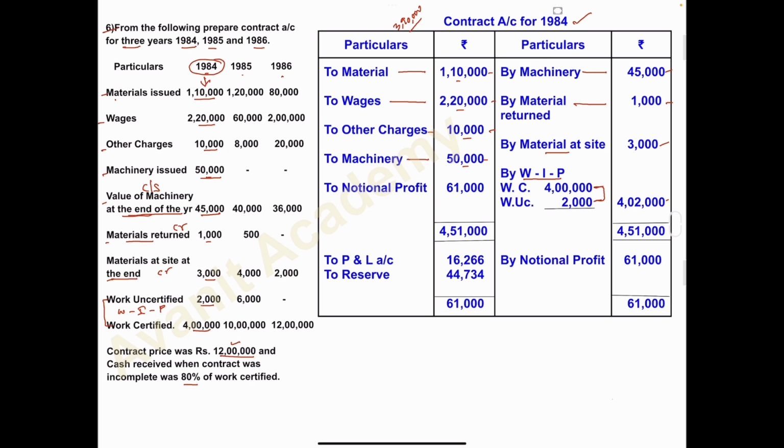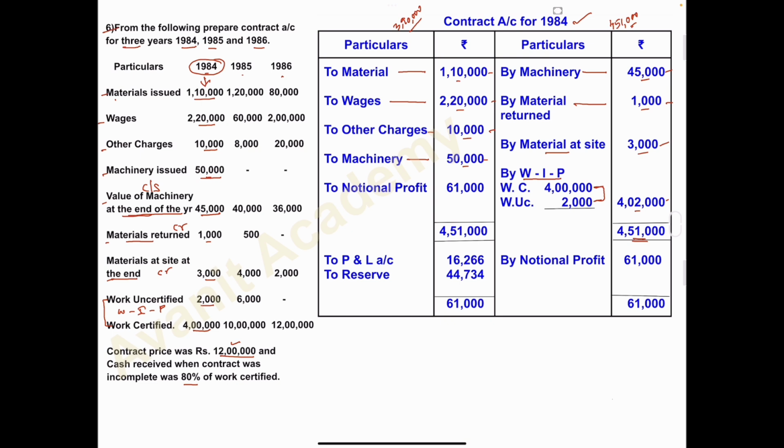Total credit side: 45,000 plus 1,000 plus 3,000 plus 4 lakh 2,000, and the total of the credit side is 4 lakh 51,000. So which side has the more balance? Credit side. So write the total of the credit side here, 4 lakh 51,000.